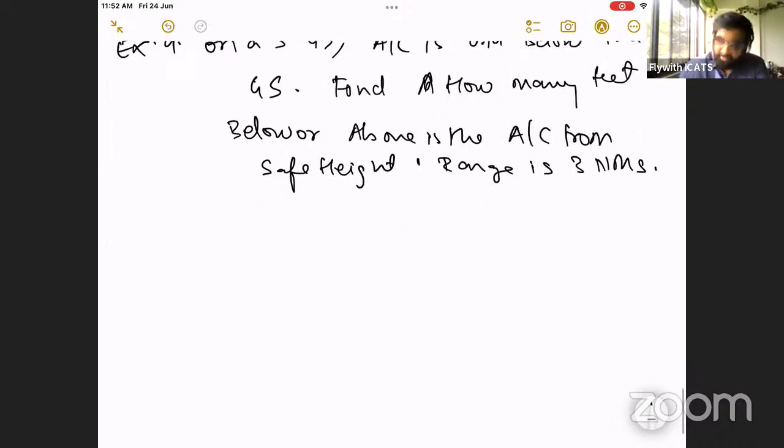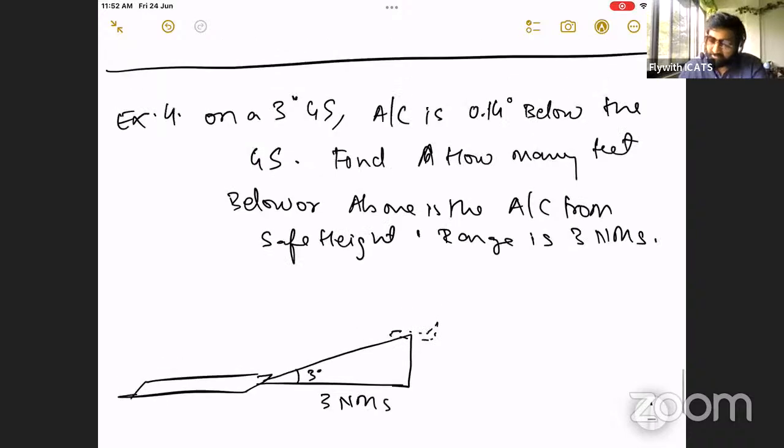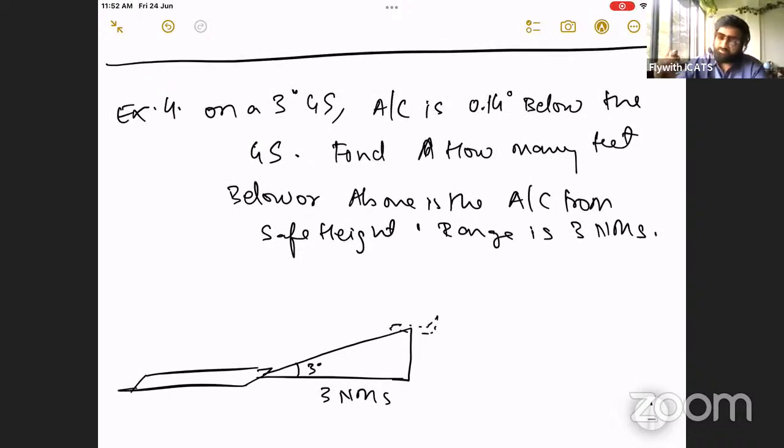So if you make a diagram, what will the diagram look like for this? Your glide slope is 3 degrees. Let's say this range is 3 nautical miles. This is your actual safe height. Your aircraft should be here. But they are saying that it is 0.14 below the glide slope.